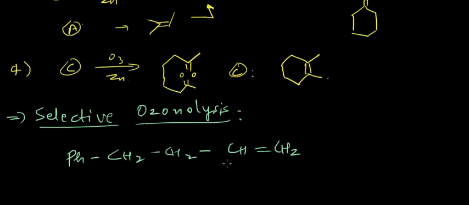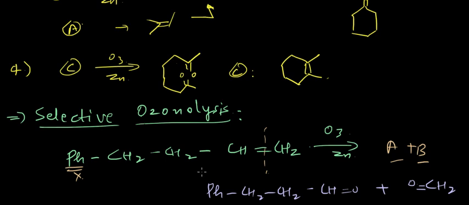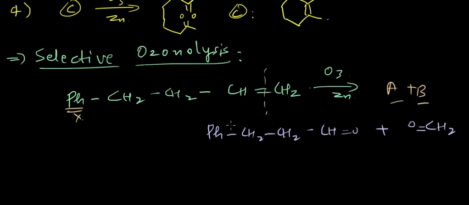Then on ozonolysis we make the arrangement in such a way that the ozonolysis occurs only on this pi bond and not on this phenyl ring. Okay, so two compounds A and B are formed. Those two compounds can be easily identified, as one of the compounds would be this aldehyde and another would be this one. Okay, so this completes our ozonolysis and selective ozonolysis part.